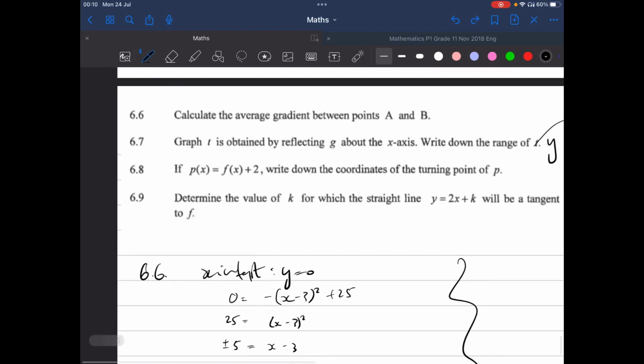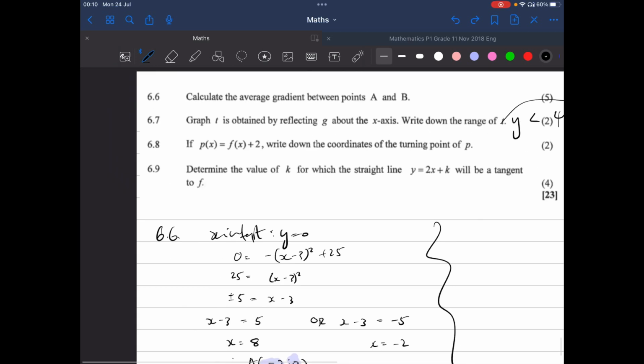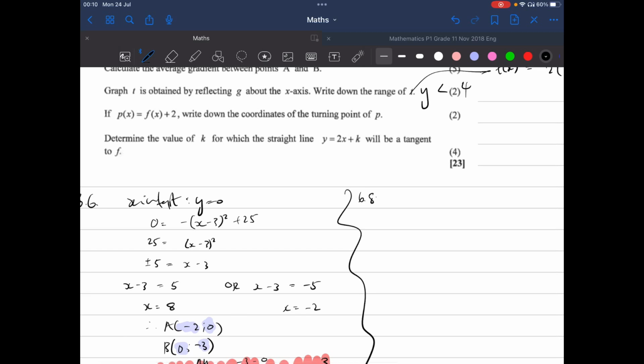Okay, 6.8. If p equals f of x plus 2, write down the coordinates of the turning point of p. So let's think about this now. F of x was y equals minus x minus 3 squared plus 25.